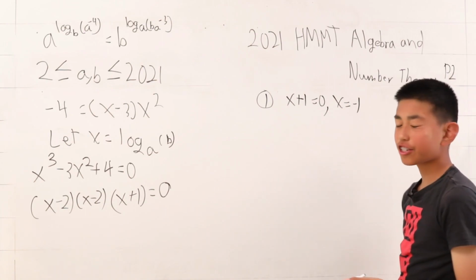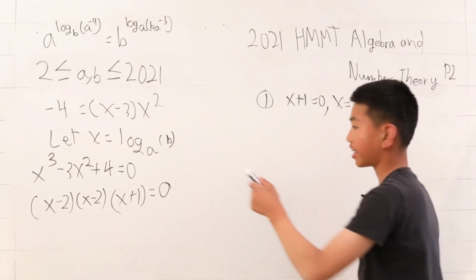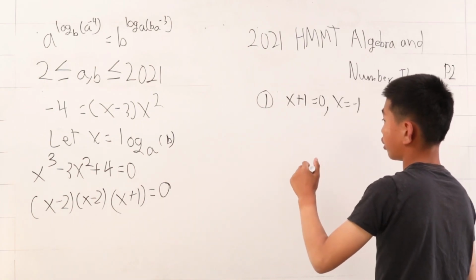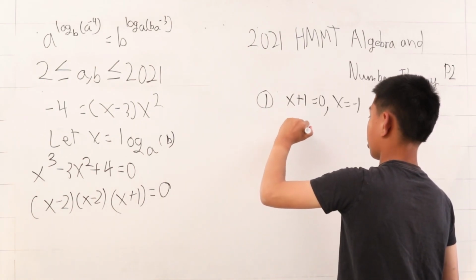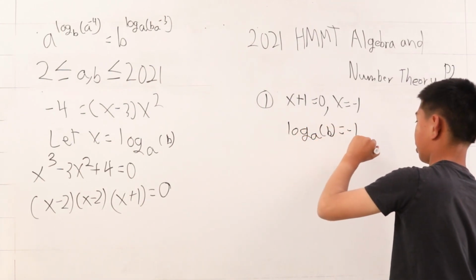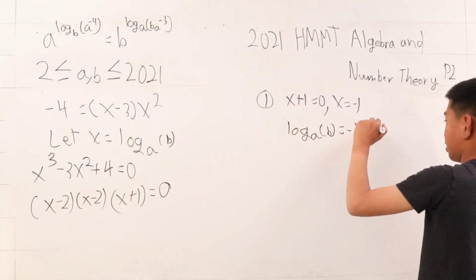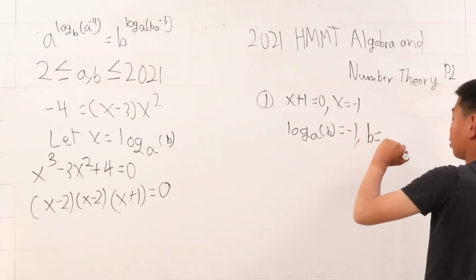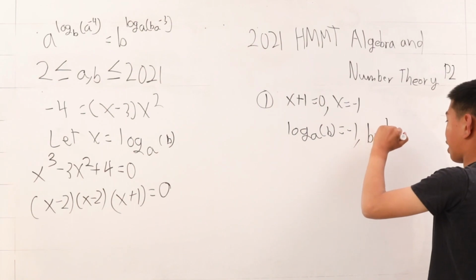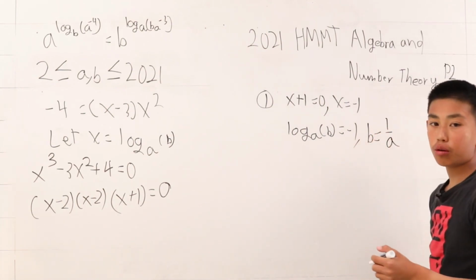What is x? Earlier, we let x be log base a of b. So log base a of b is negative 1. b is equal to a to the power of negative 1, which is 1 over a. We see a problem here.